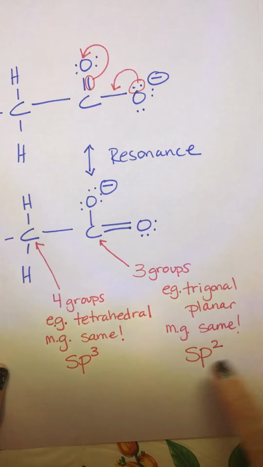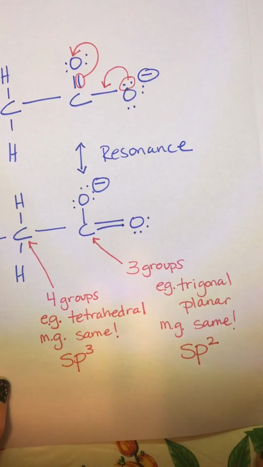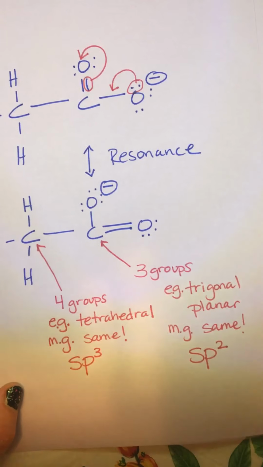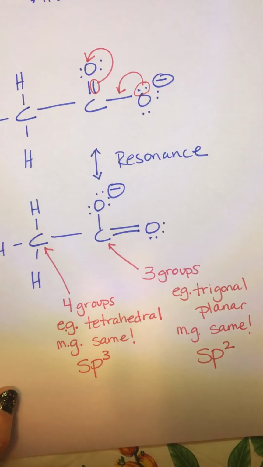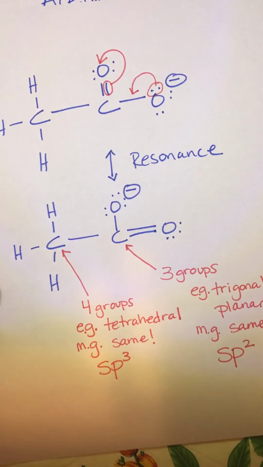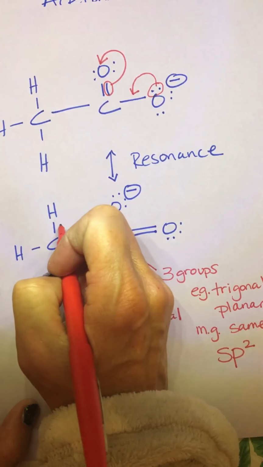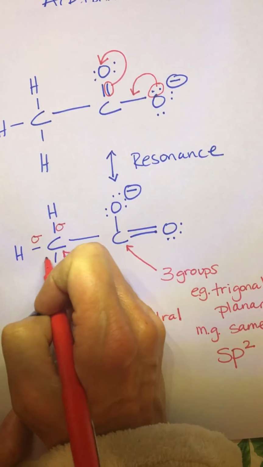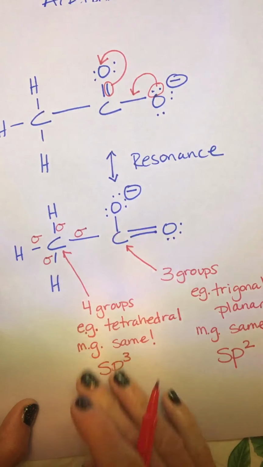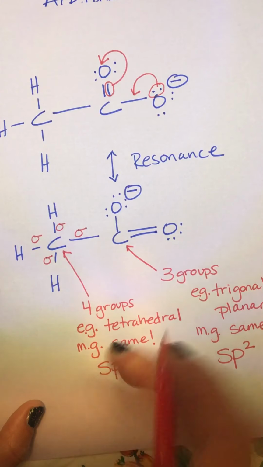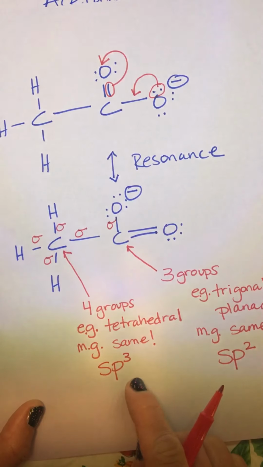Okay? So some people go, well, what happens to that 3rd P? What's the 3rd P in the molecule doing? Well, that's actually making this second connection here called a pi bond. Okay? So if I want to label my sigma and pi bonds, let's do that. Sigma, sigma, sigma, sigma. That's the first connection between any 2 atoms. This is sigma.